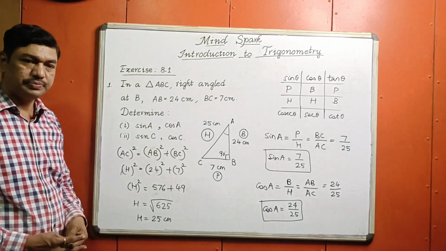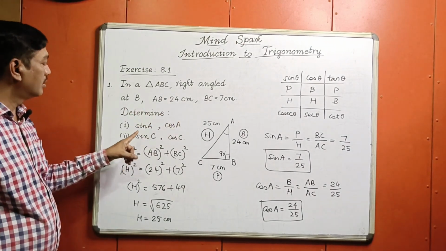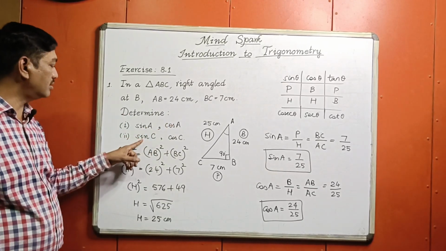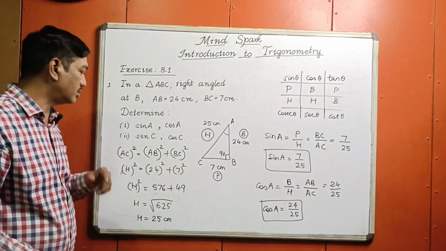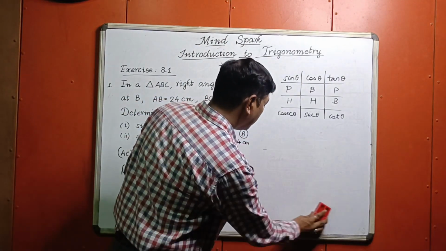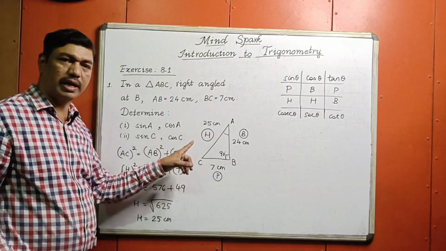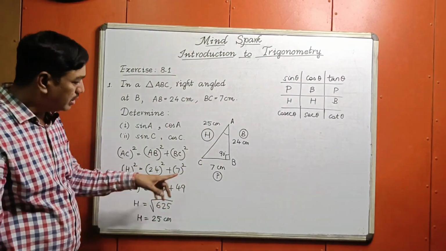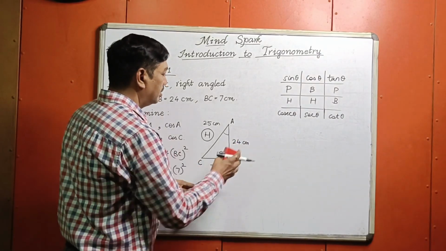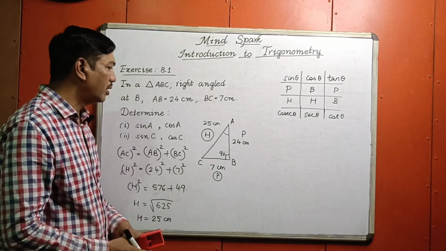Shall I rub? So sin A and cos A is solved. Is it clear for you? Next is sin C and cos C. I will solve for that. The triangle remains the same. But now when you concentrate on angle C, the side opposite to C is AB, so AB is the perpendicular or opposite side.